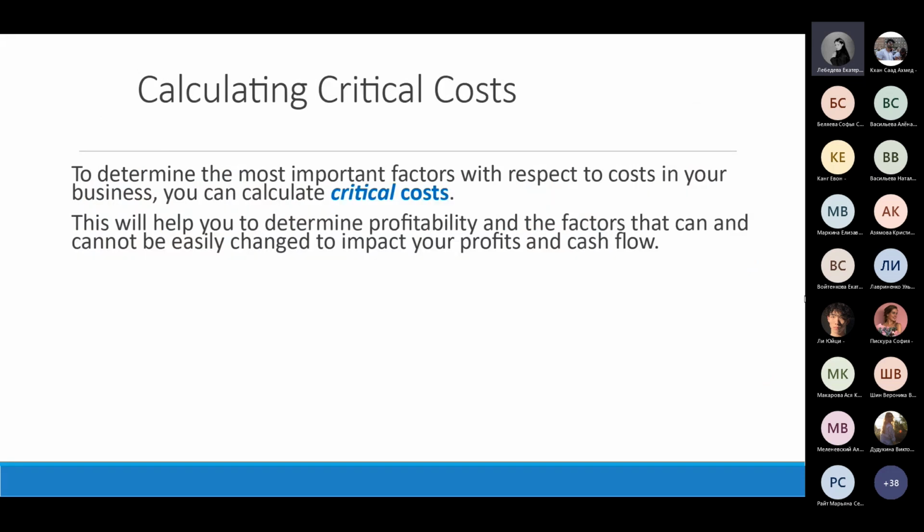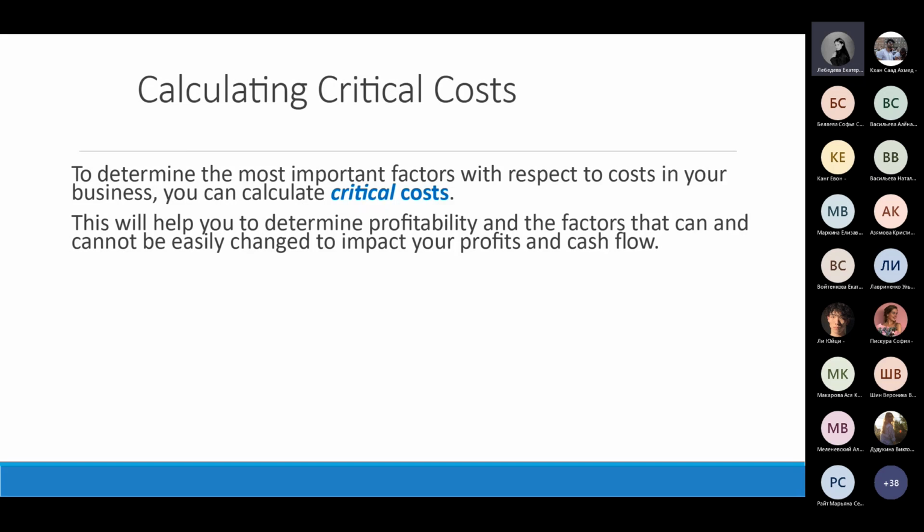One more example is related to calculating critical costs. In some cases, we have to determine the most important factors with respect to cost in the business and calculate the critical cost. Critical cost means that this is a value which allows the firm to produce products that provide profits.